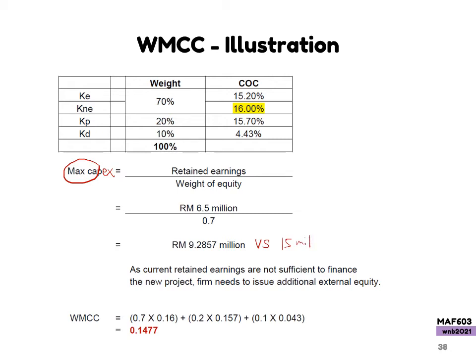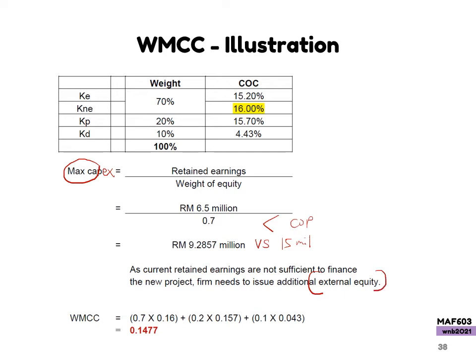Okay. Jadinya cost of project lagi besar berbanding maximum capex, meaning that the current retained earnings are not sufficient to finance the new project. So the firm needs to issue additional external equity.